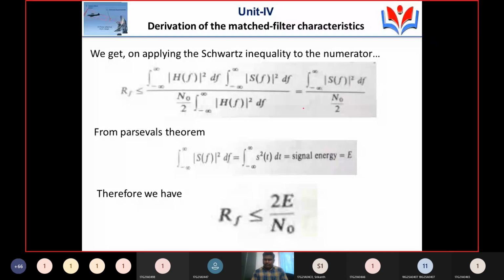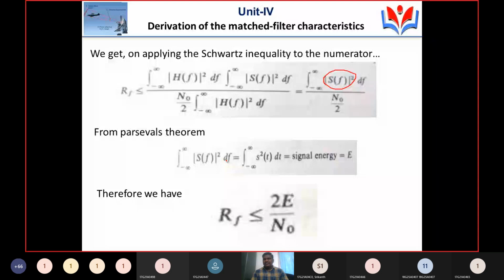We know Parseval's theorem. Sorry, not power, energy. Parseval's theorem: the integral from minus infinity to infinity of modulus of S(f) whole square df is equal to the integral of s square of t dt, which is nothing but the energy of the signal.